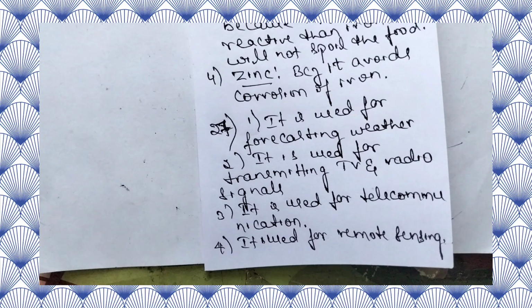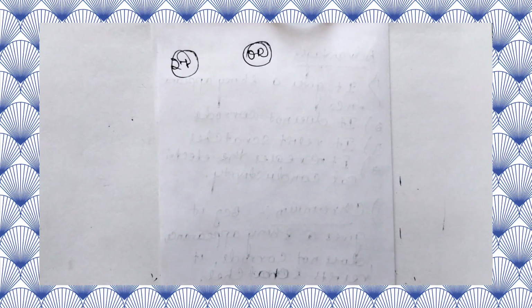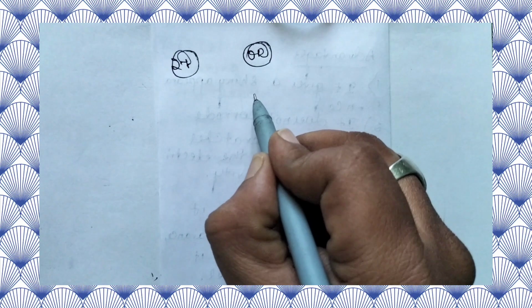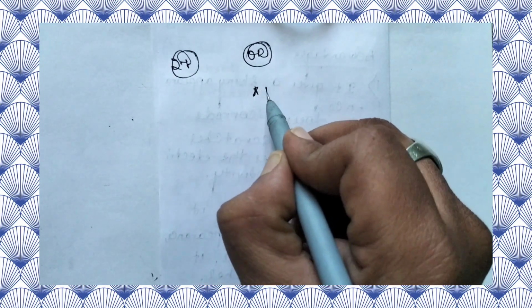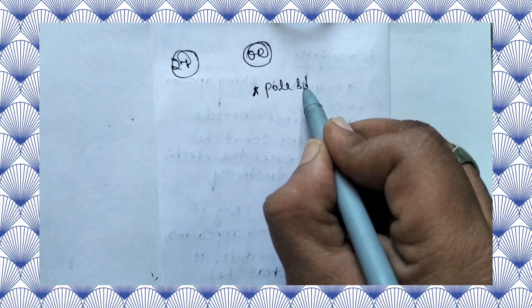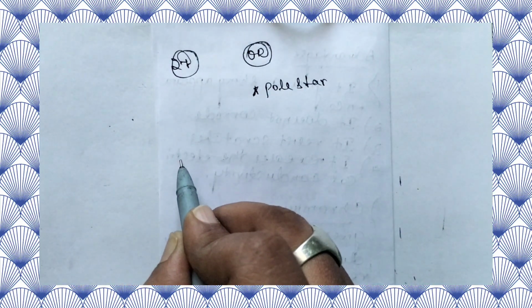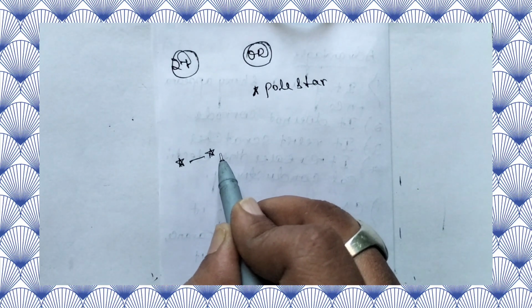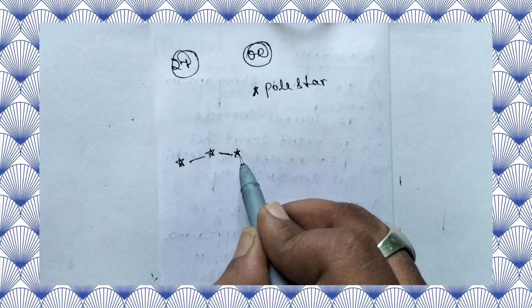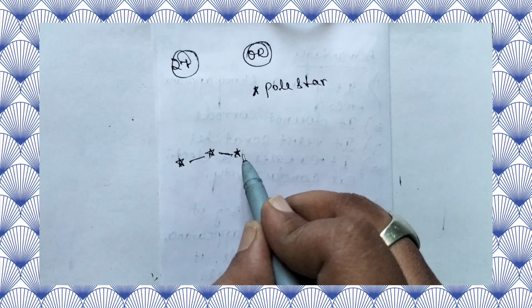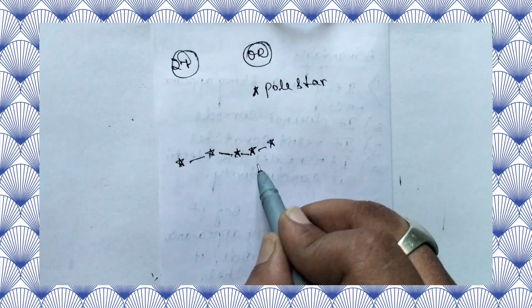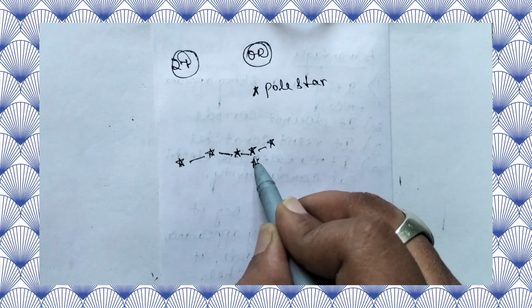So now let us answer that question. This is the pole star. Look, there is a star here, and another star here.